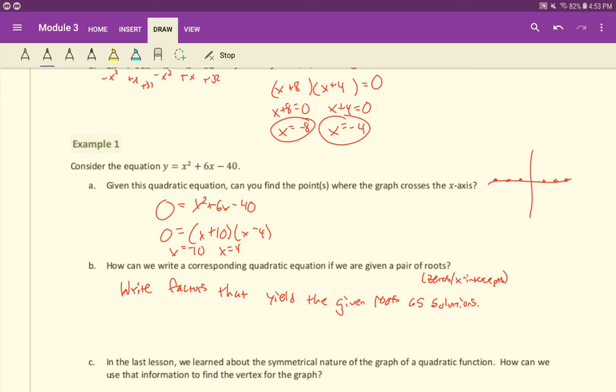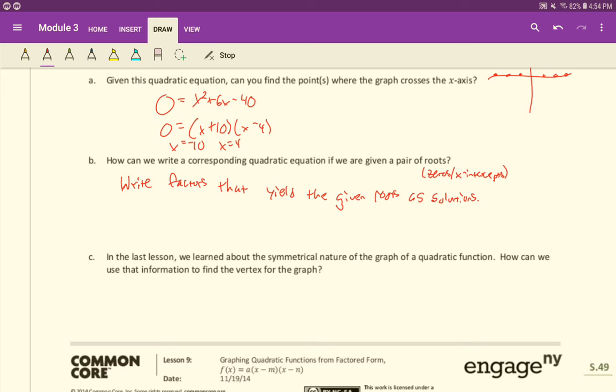Okay, we may have to do a little bit more work than just that, but at least we could write a quadratic equation that would have those same roots. But typically we would actually need a third point to help us get the exact graph.